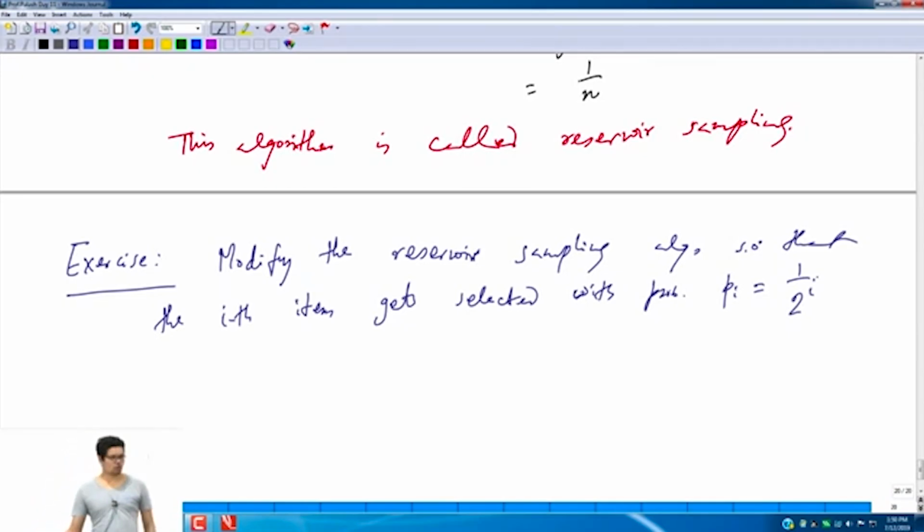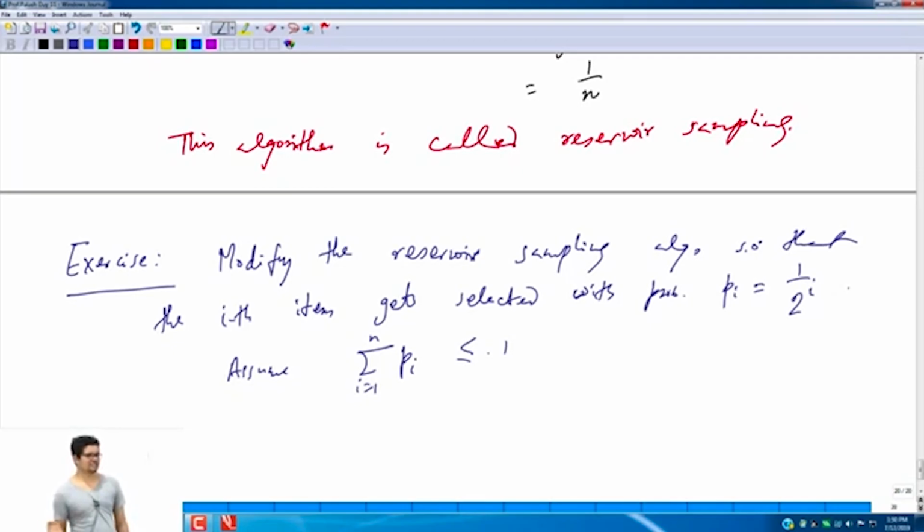And since you don't know n, assume the summation of pi for i equal to 1 to n is less than or equal to 1. If it is strictly less than 1, with some probability you don't output anything.